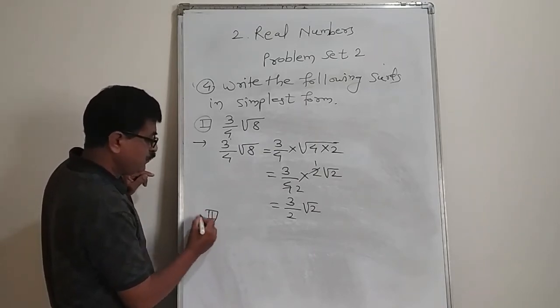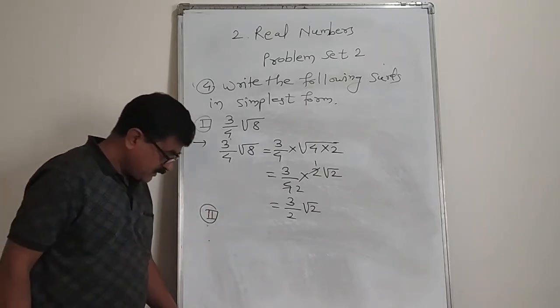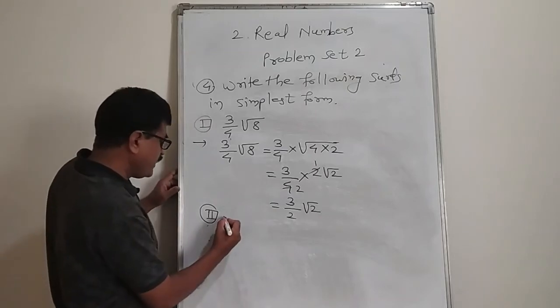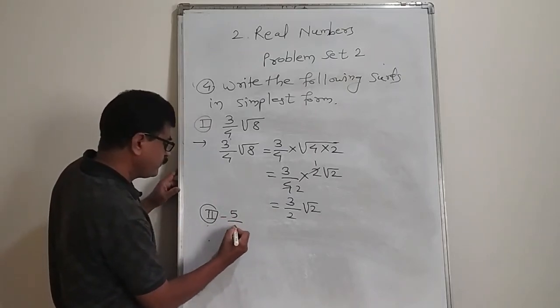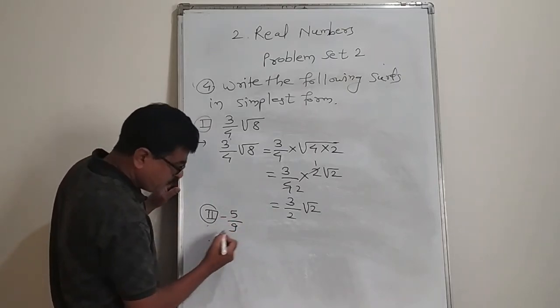Write down number 2. Minus 5 upon 9 square root 45.